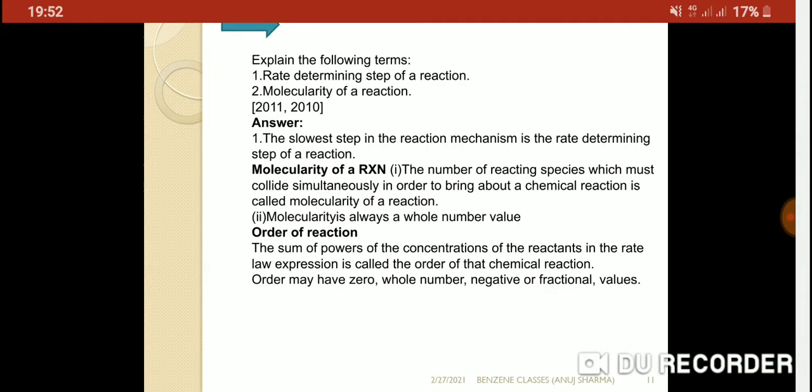Okay, the next question is: what is the order of the reaction? The order of the reaction is the sum of the powers of the concentrations of the reactants in the rate law expression.